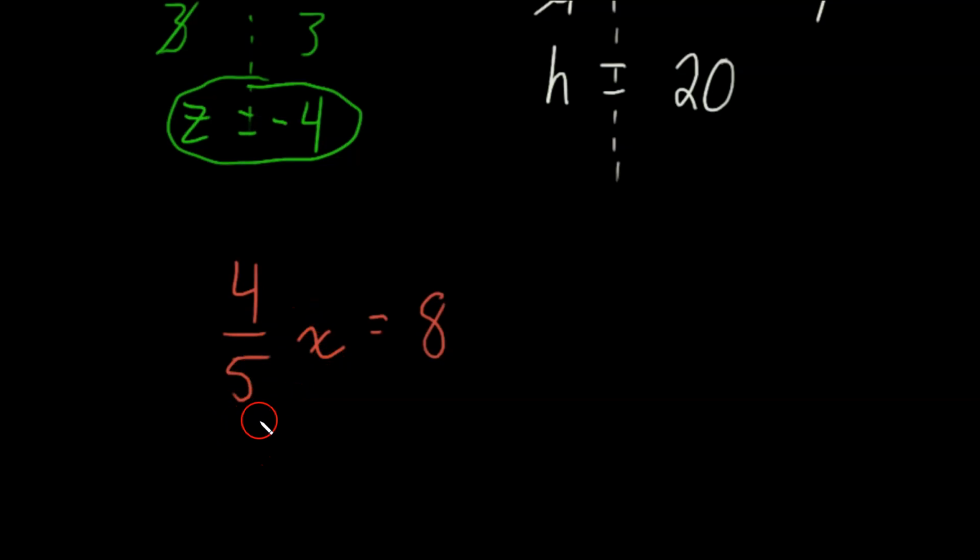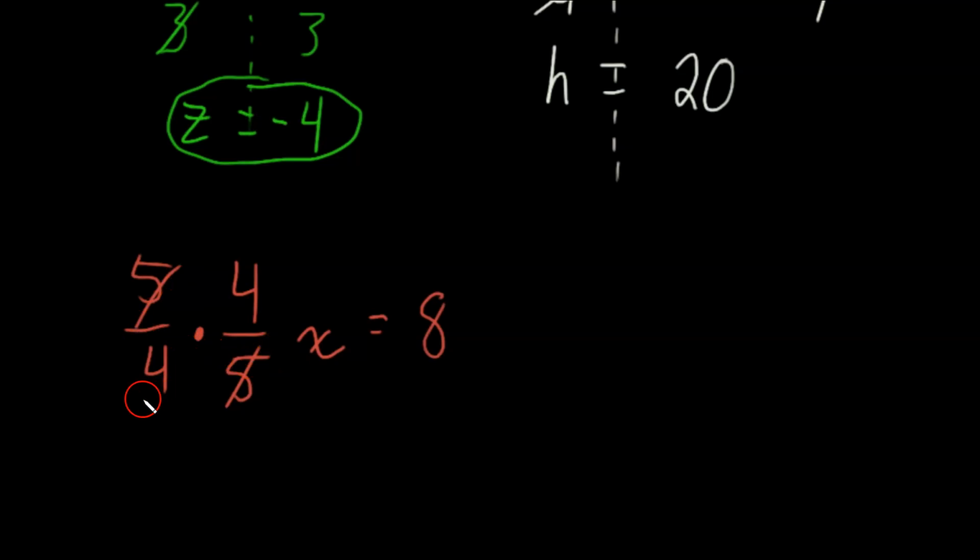So what we would want to do is we would want to divide it by 4 over 5. So we could go divided by 4 over 5, but that looks a little bit wonky and just kind of gross. So how can we clean that up? What is the same as dividing by 4 over 5? Remember our rules with keep, change, flip. So instead of dividing by 4 over 5, let's change this to multiplied by 5 over 4.